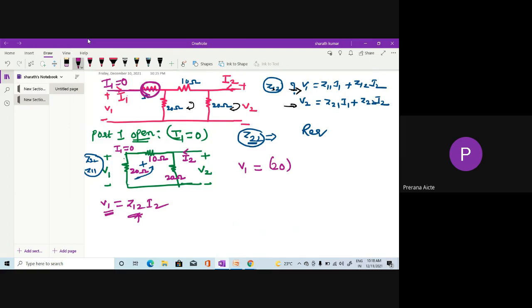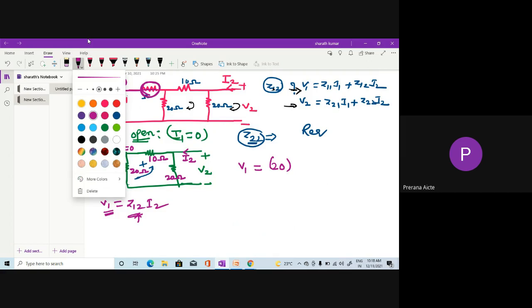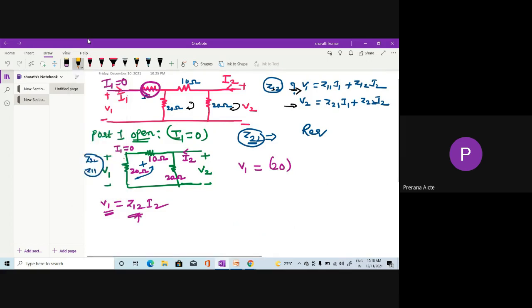The current which is flowing in the 20 ohm is Iy. Your current I2 is going to be divided into two parts, Ix plus Iy.